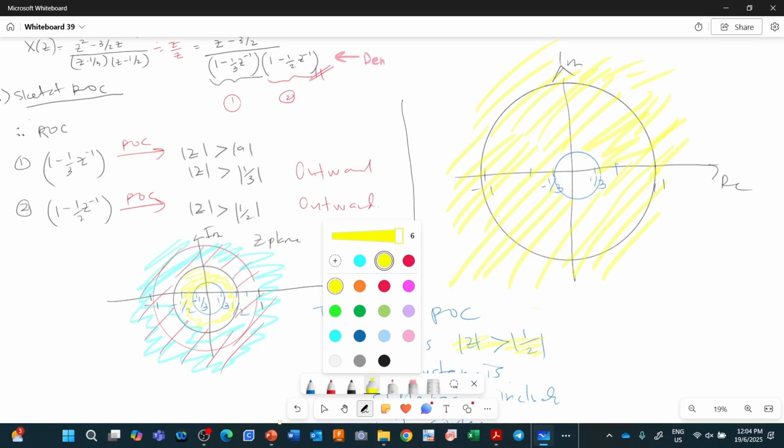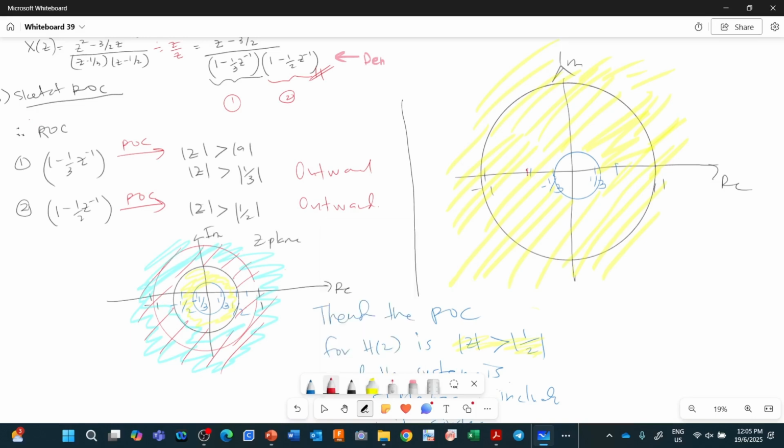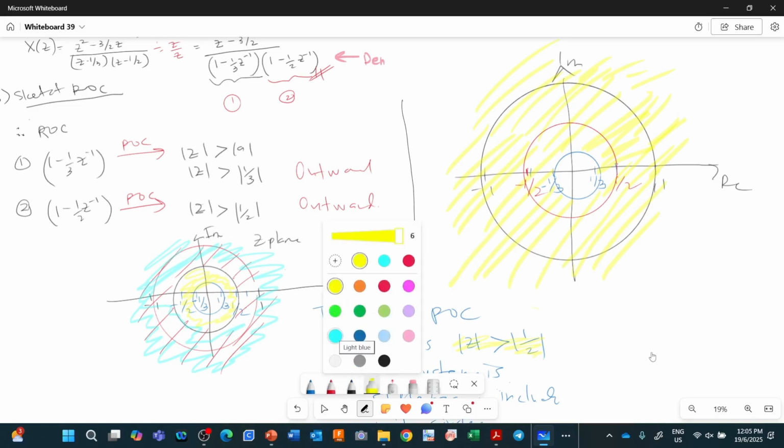Secondly, you have another one, Z more than 1/2. So Z more than 1/2 is where? It is this one, 1/2 is minus of 1/2. So basically from here, you are going to sketch also Z more than 1/2. I'm going to sketch it using the blue highlighter.